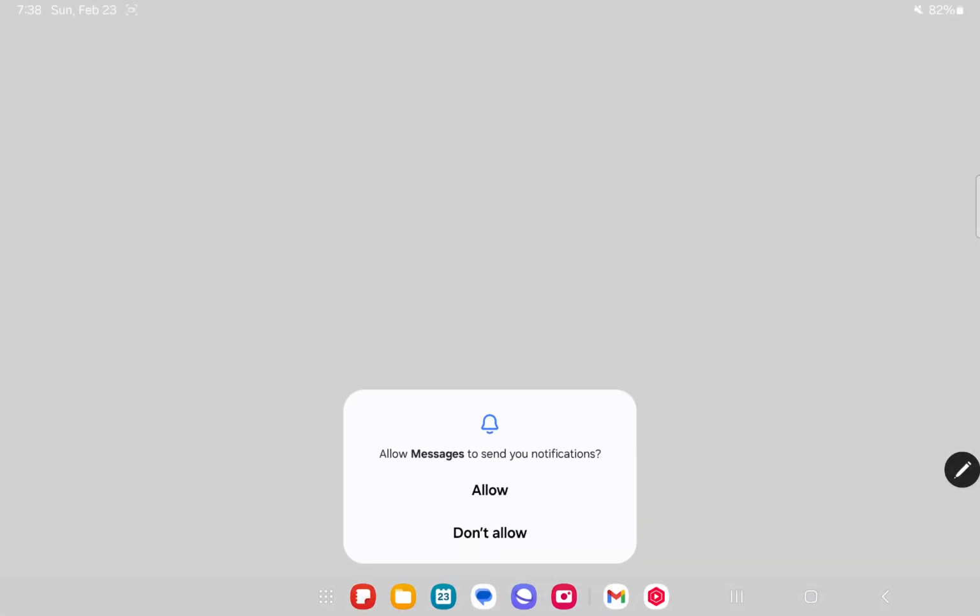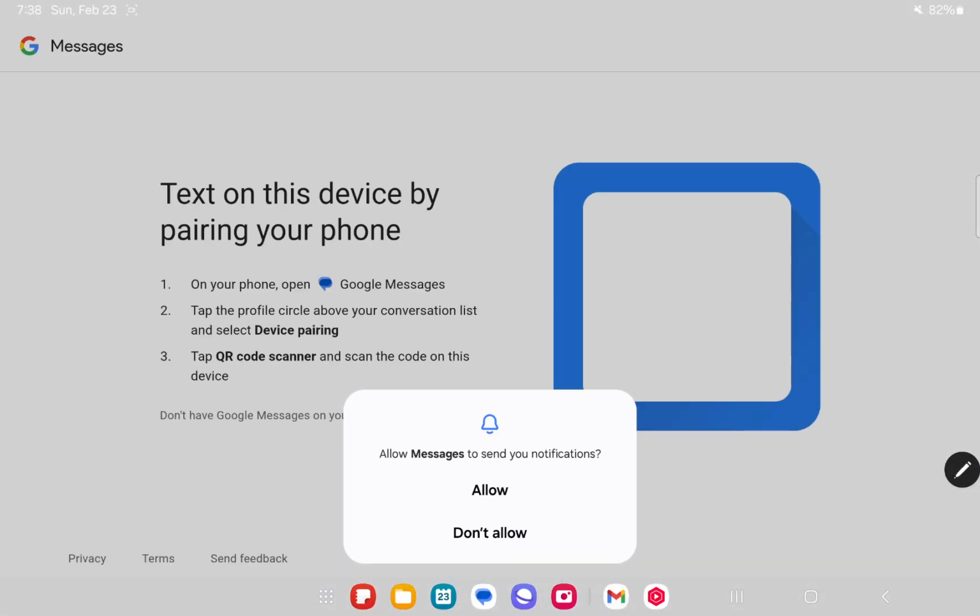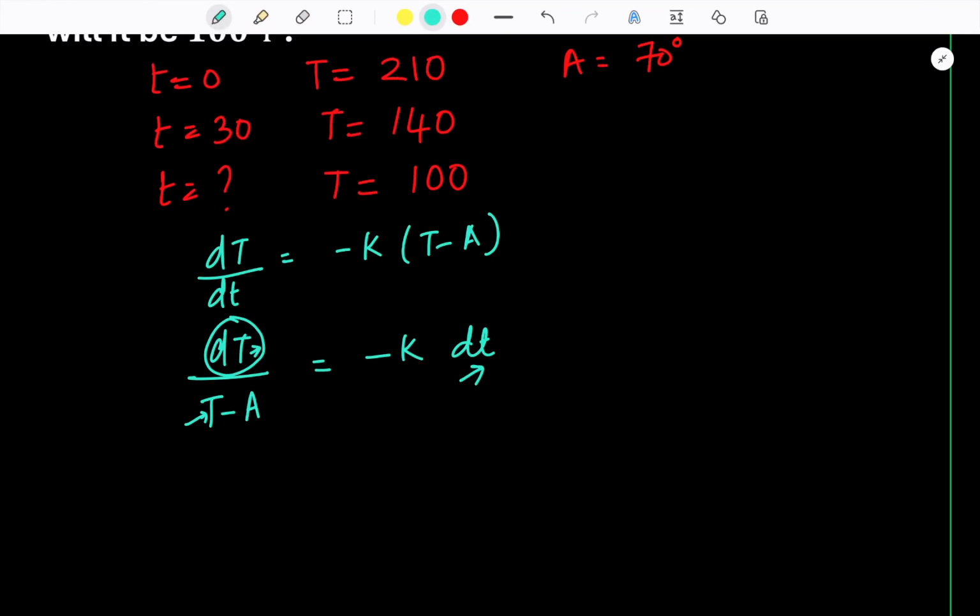Sorry, I pressed something. So T with dT and small t with dt. Now what I have to do? I have to integrate.